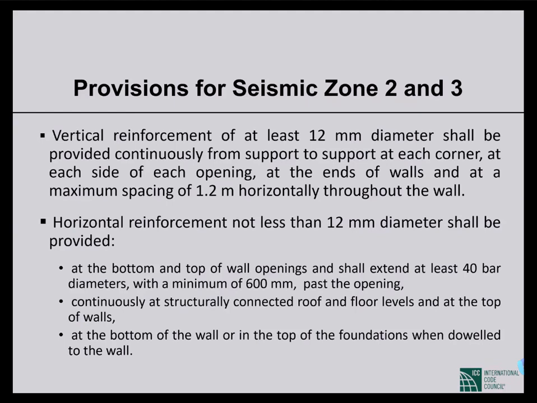That is number one. Number two, horizontal reinforcement. Again, the bar diameter cannot be less than 12 millimeter. And where do you have to provide horizontal reinforcement? At the bottom and top of wall openings.